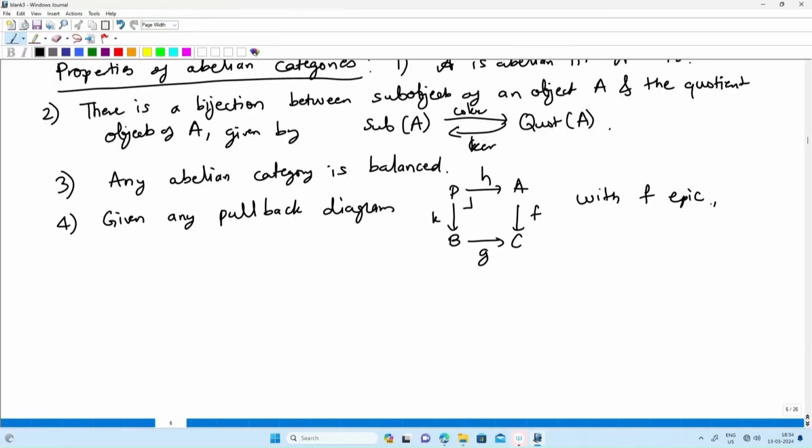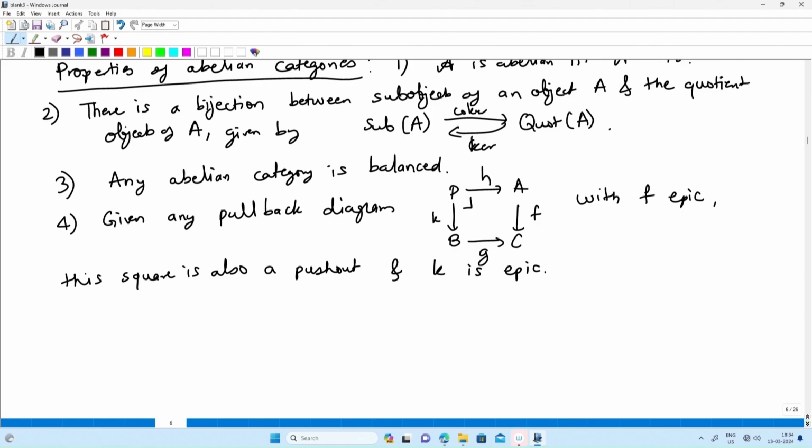But here I am going to say something different. Given any pullback diagram with F epic, this square is also a pushout and K is epic.